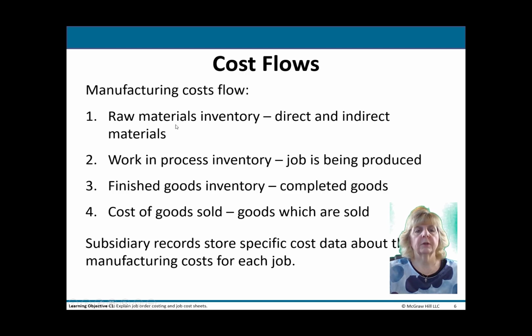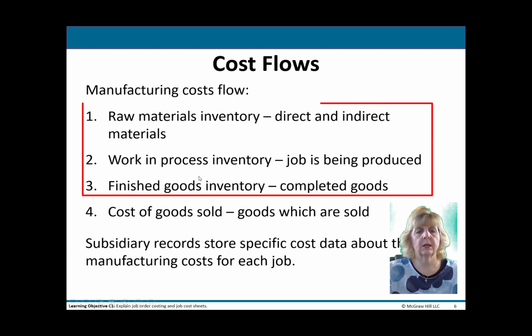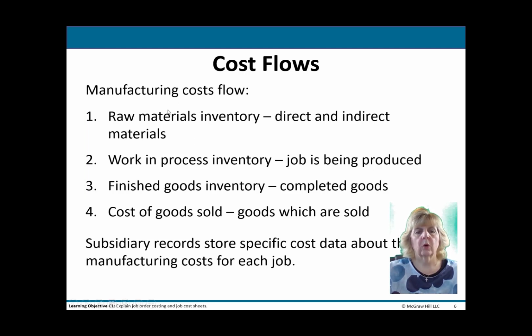Manufacturing cost flows that we'll be studying. Again, we'll take a look at the same inventory accounts that we took a look at in chapter 14, and we will watch the costs run through the balance sheet, eventually winding up in cost of goods sold. We'll take a look at the raw materials inventory. We'll talk about how the direct and indirect materials are charged out.